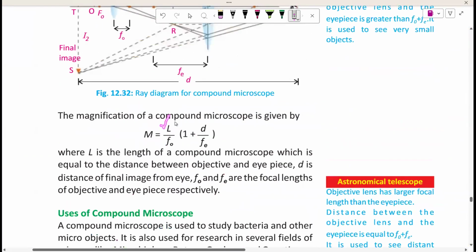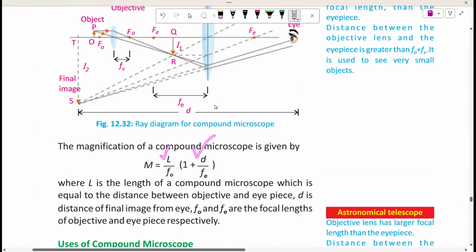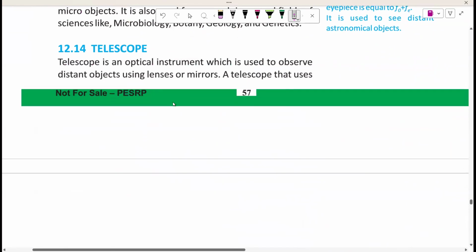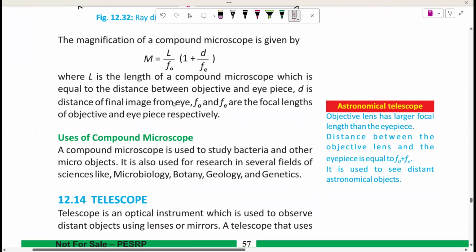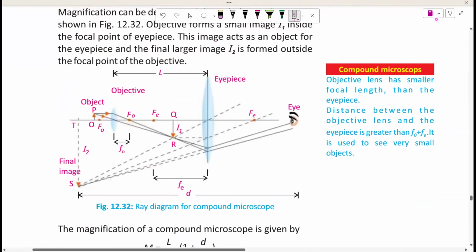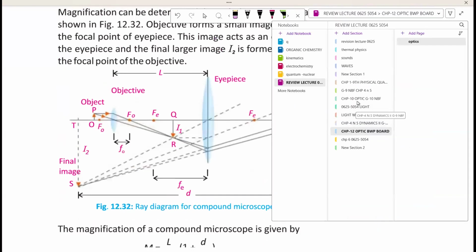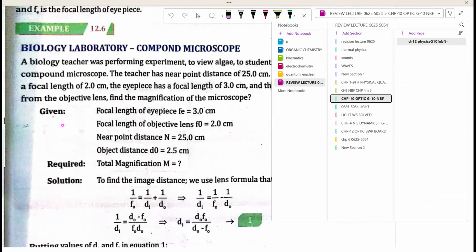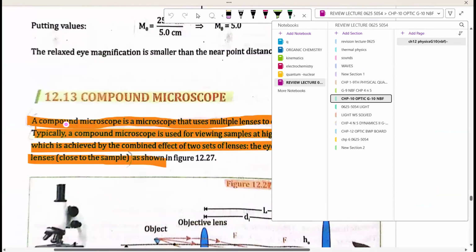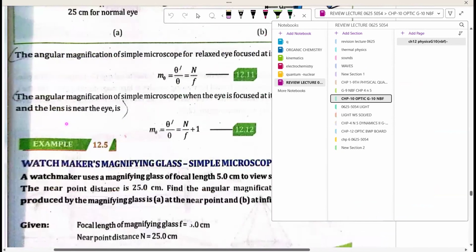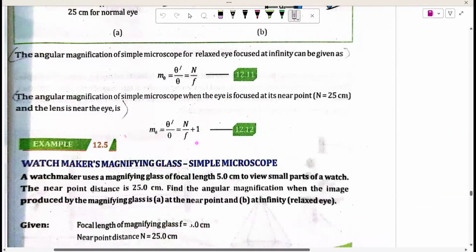So this is for the objective lens, the focal length, and this is for the eyepiece lens. Basically formulas approximately same ही बन रहे हैं. Let's see one more time. कंपाउंड माइक्रोस्कोप का formula उन्होंने यही दिया हुआ था. Sorry, yes, it's written as N over F plus 1.